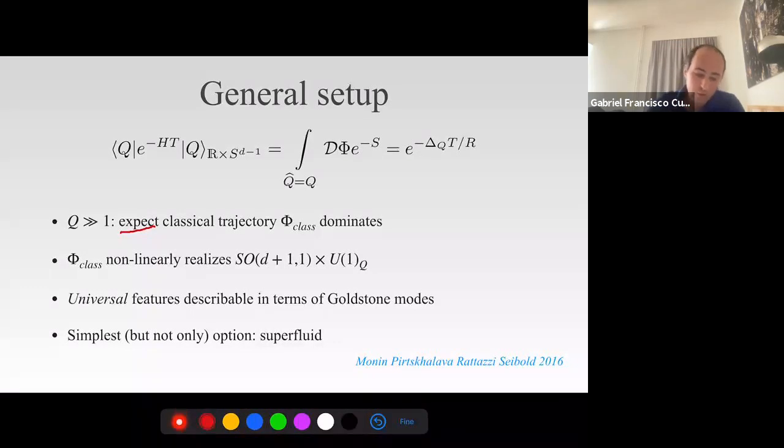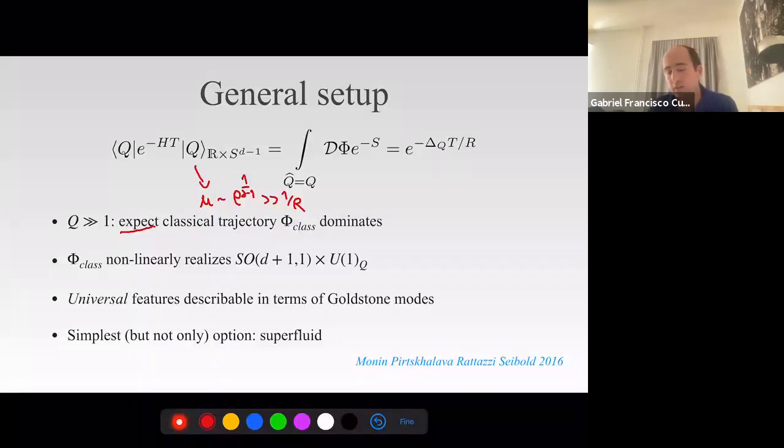So the state Q will set a scale mu, probably this is the right way to say it, which is like density to the power 1 over d minus 1, which is much larger than the inverse radius, the natural scale of the CFT. So now, once you have scale separation, generically it implies effective field theory, which is just another way of saying saddle point in semi-classics.